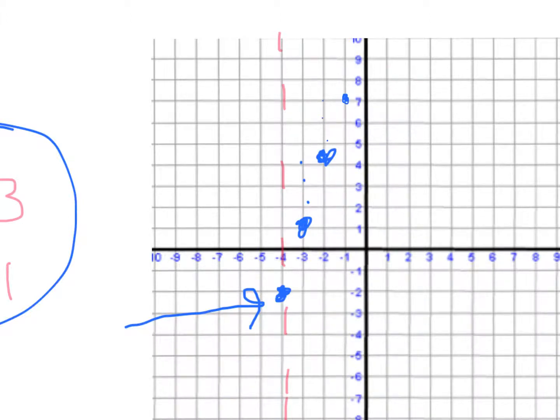Now remember, folks, that this right here is my axis of symmetry. This is my line that acts as a mirror. So we are going to reflect that. So again, this right here was my vertex, and this right here was my point. So we are going to reflect 1 space back across the axis of symmetry. So right about here. Okay, so we're going to make a new point.